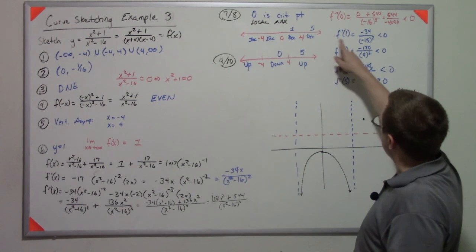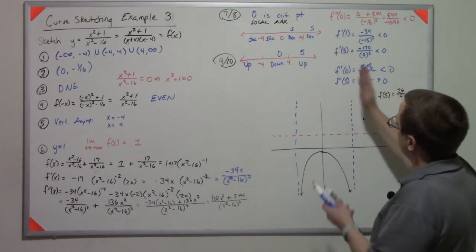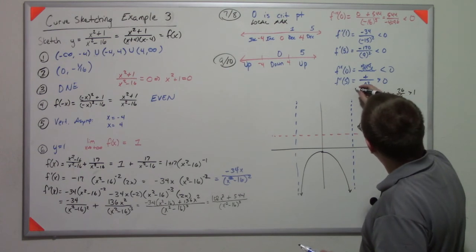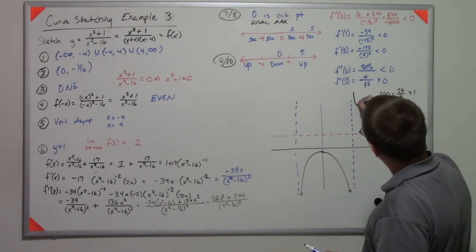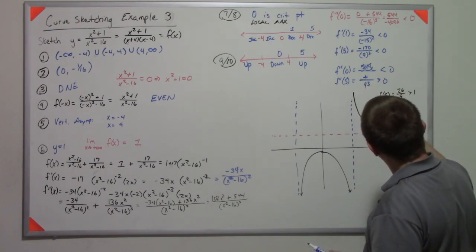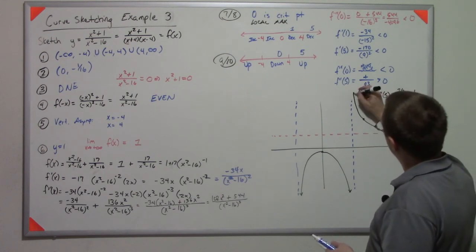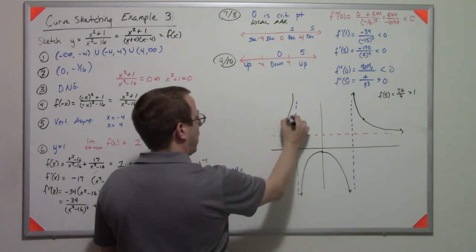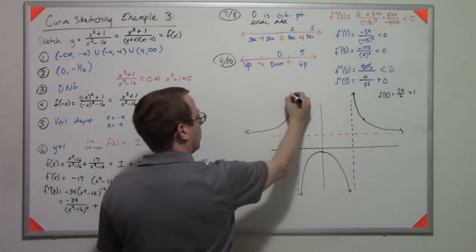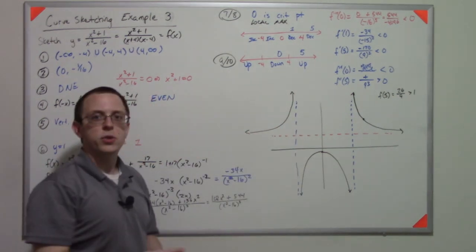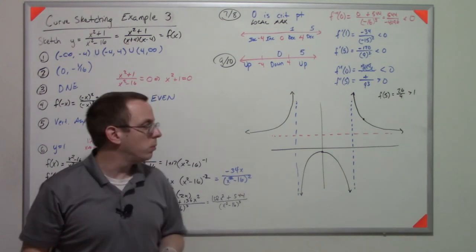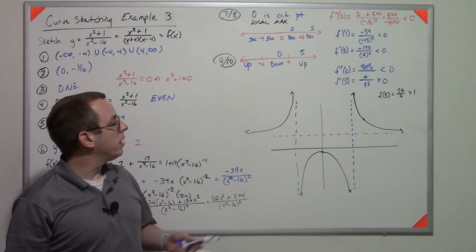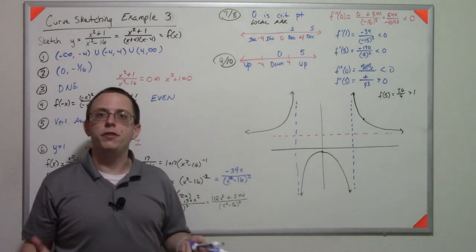Now I know that I'm decreasing and I'm concave up. So not only am I going down, but I'm going down concave up. And again, because it's an even function, I know that it behaves the same over here. And so that's how you draw this type of problem. I think that's everything we need to know to finish out this problem.